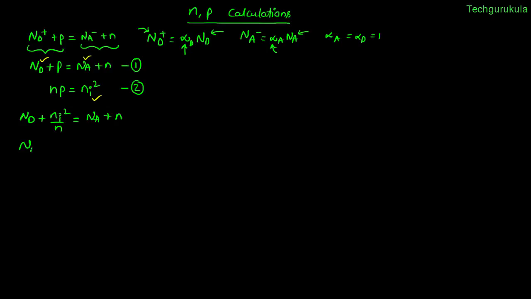We can rewrite this as Nd times N plus Ni square is equal to Na times N plus N square. We can further rewrite this as N square minus (Nd minus Na) times N minus Ni square is equal to 0. This looks like a standard second order quadratic equation.